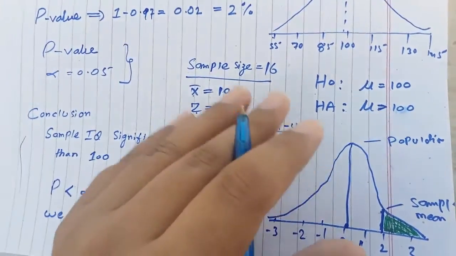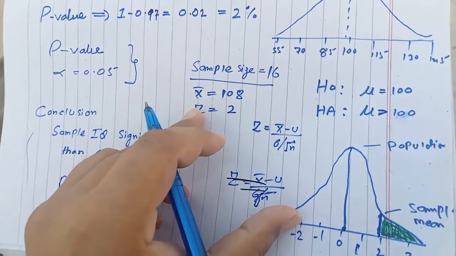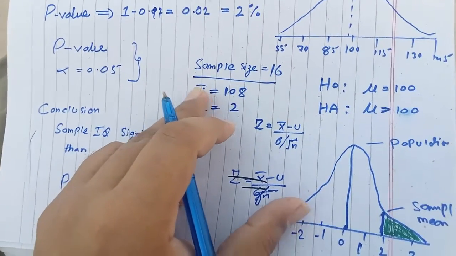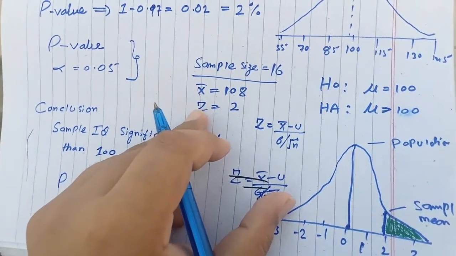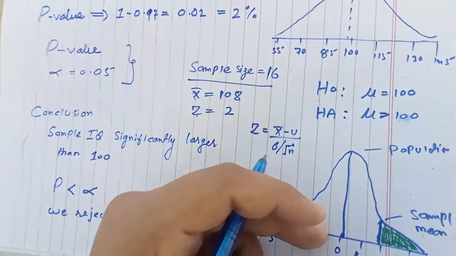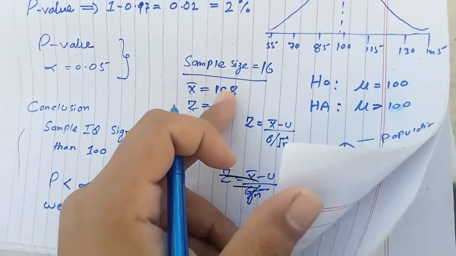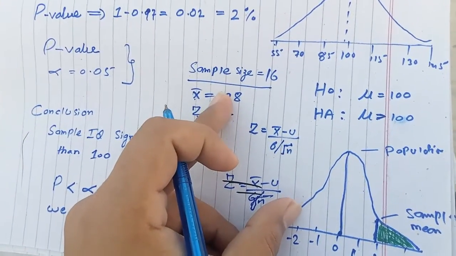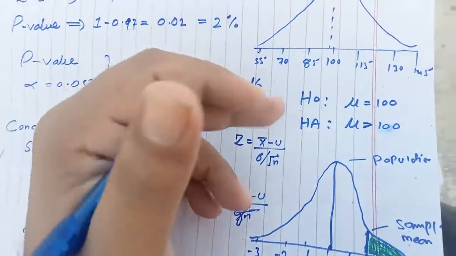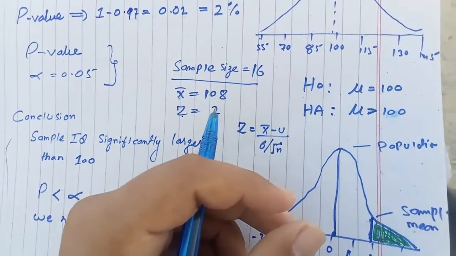We have seen that the sample mean is 2 standard deviations away. But how can we find the probability of this mean, 108? What is the probability of that mean where we support the null hypothesis, whether they are equal or not?